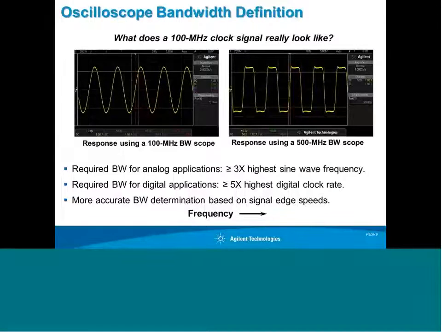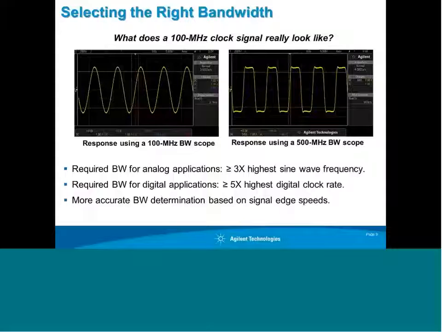So what is the right bandwidth to select? Here we show an example of two different bandwidth scopes. The scope on the left is a 100 megahertz bandwidth scope. The scope on the right is a 500 megahertz bandwidth scope. The input signal is the same on both of these scopes, in which case it's just a 100 megahertz clock signal.